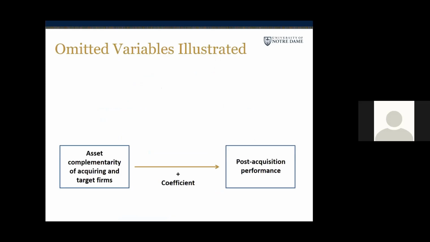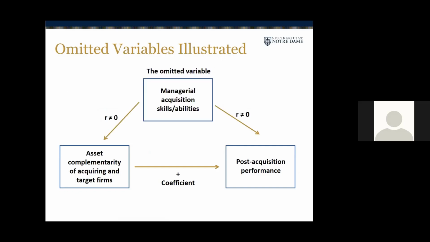So in general, this is how omitted variables work. Let's say you were interested in examining the relationship between some characteristic, the independent variable, let's say it's asset complementarity of acquiring and target firms, or some kind of M&A characteristic. The outcome variable here is post-acquisition performance. You might run an OLS regression and you'd get some relationship between those. That becomes problematic though, when there's an omitted variable that is correlated with both of those, just like Aaron was saying, just like Sarah was saying.